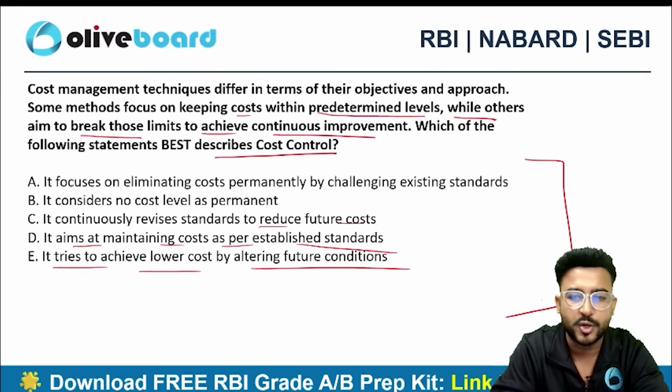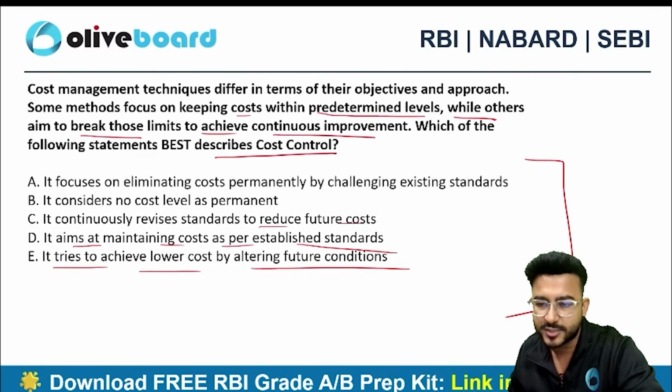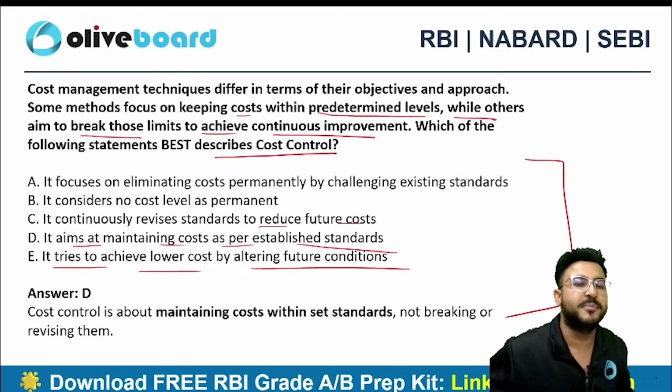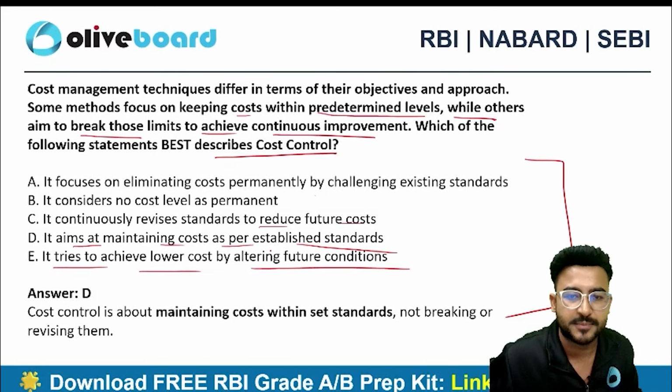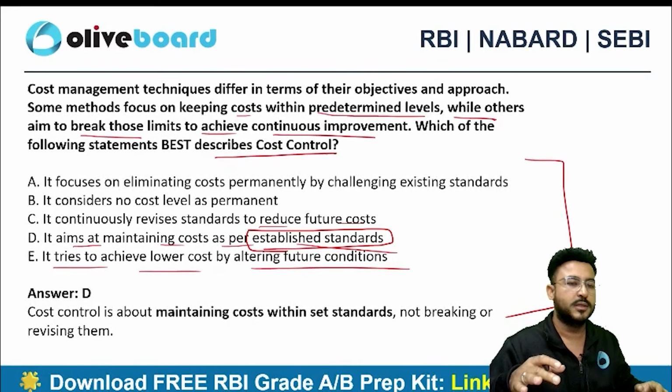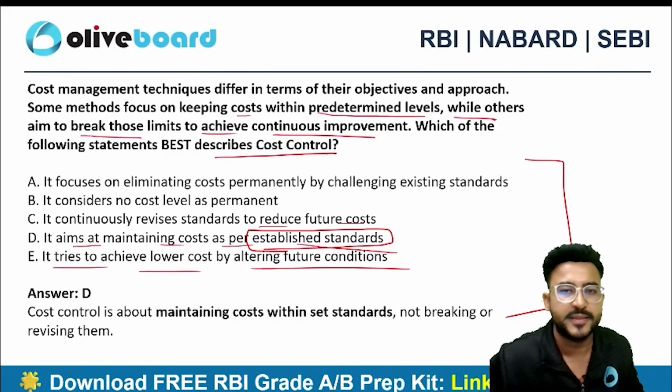This is regarding cost control. Perfect, guys. It aims at maintaining the cost as per the established standards. Whatever standards we have set, we need to maintain the cost in accordance with that standard, and that's what control is.